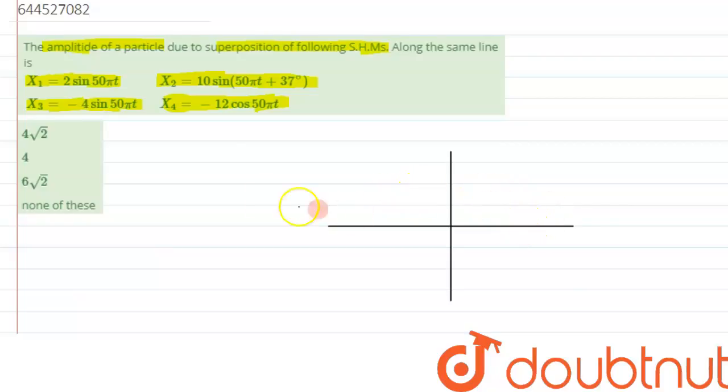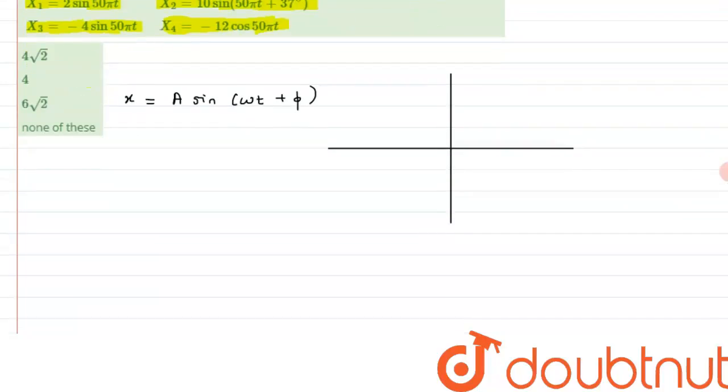With that concept we can write the general displacement equation of a particle performing SHM as x equals a sine omega t plus phi. This equation we are aware of. From here we can calculate the amplitude of each particle. First we take the particle given as x1.